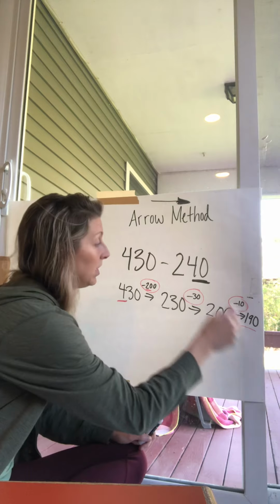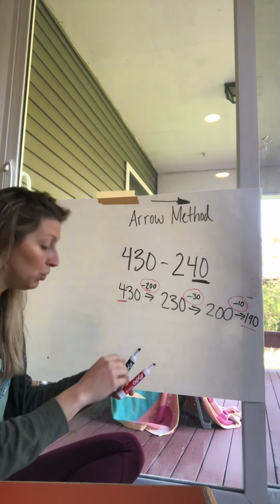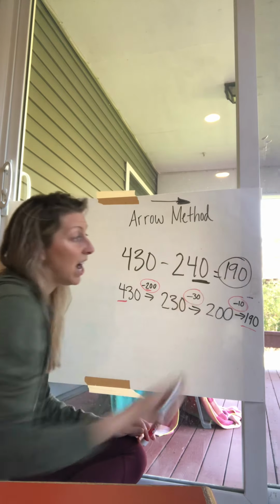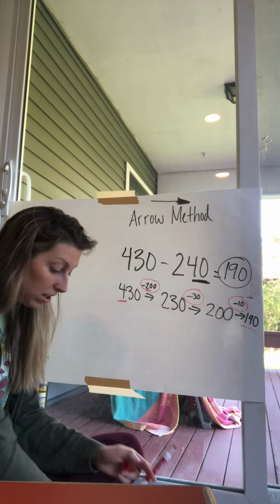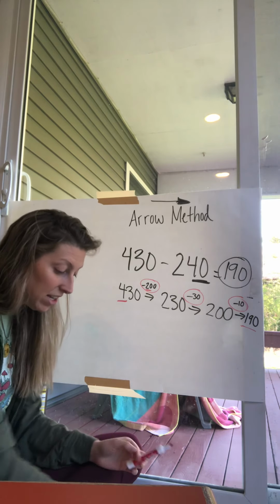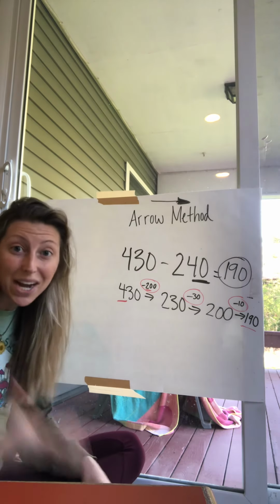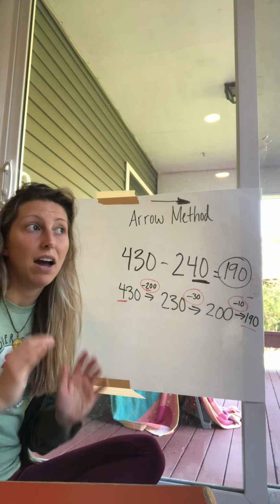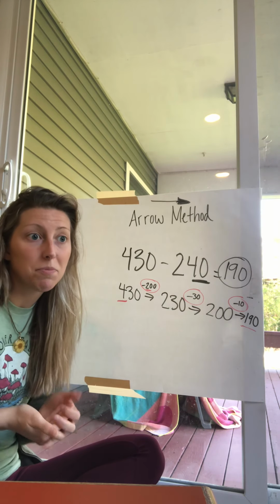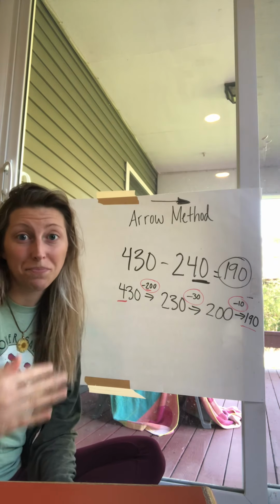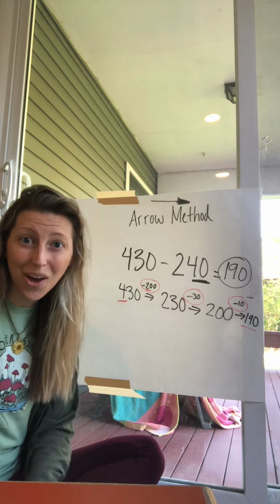So our final answer, 430 take away 240 equals 190. Again, I know that it's going to take some extra practice, but once you get the hang of it, you're training your brain to have good number sense, not creating something where you have got to always do the standard algorithm, okay?